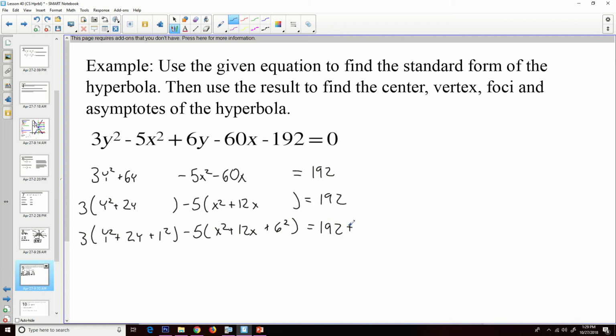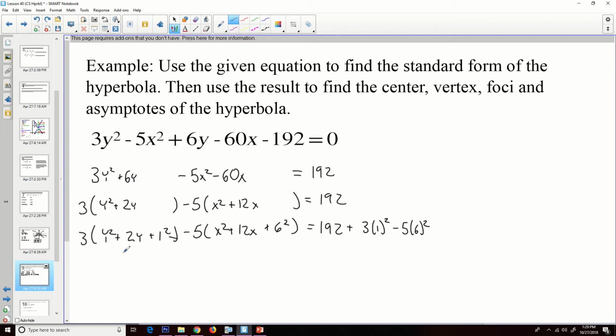Okay, and so since I'm adding 3 times 1 squared, I've got to add it on this side, 3 times 1 squared, and since I'm adding a negative 5 times 6 squared, I have to add a negative 5 times 6 squared.